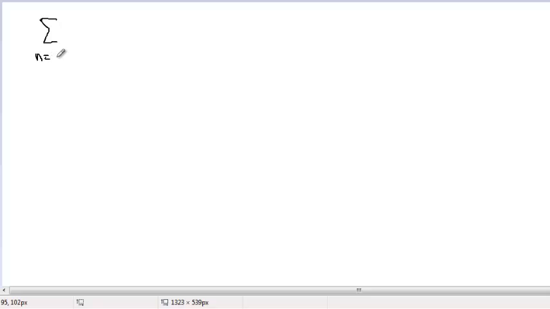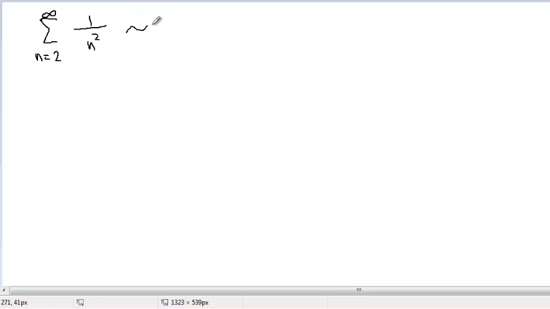For example, let's look at the following sum. Summation from 2 to infinity 1 over n squared. And probably you guys remember this series converges either by the p-series test, or if you remember the original idea, it was the integral test.